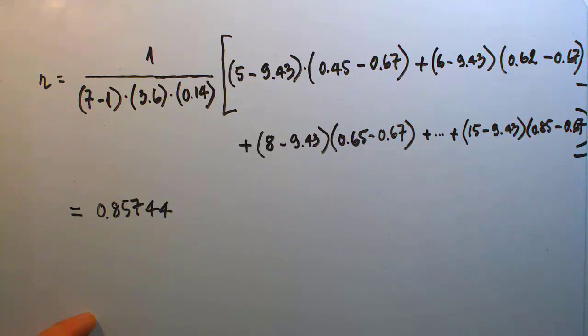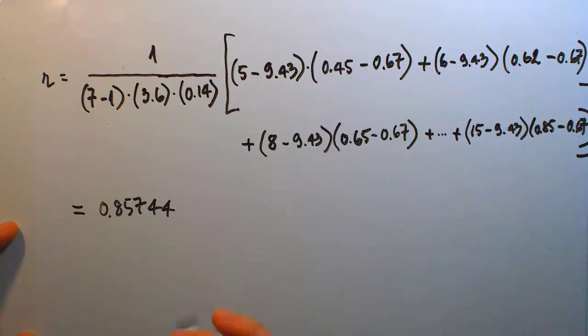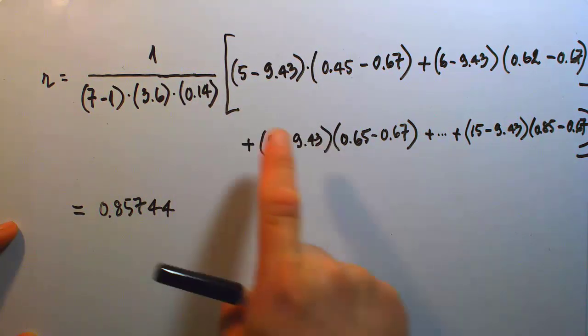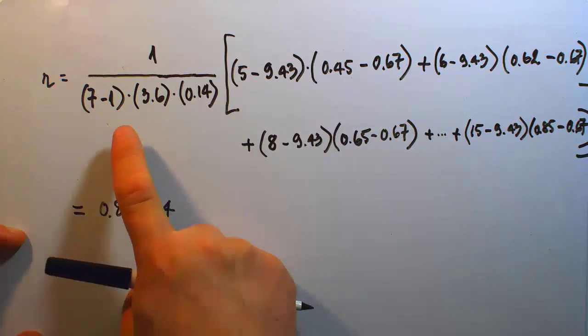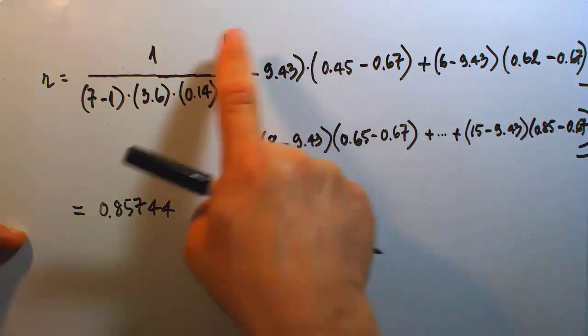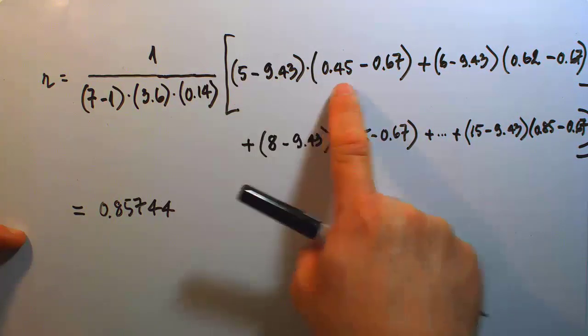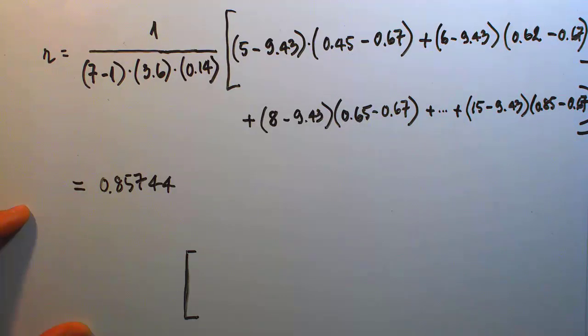And so what's going on in this formula? Let's have a look at it piece by piece. We've got square brackets here, and I'm writing down the general formula.